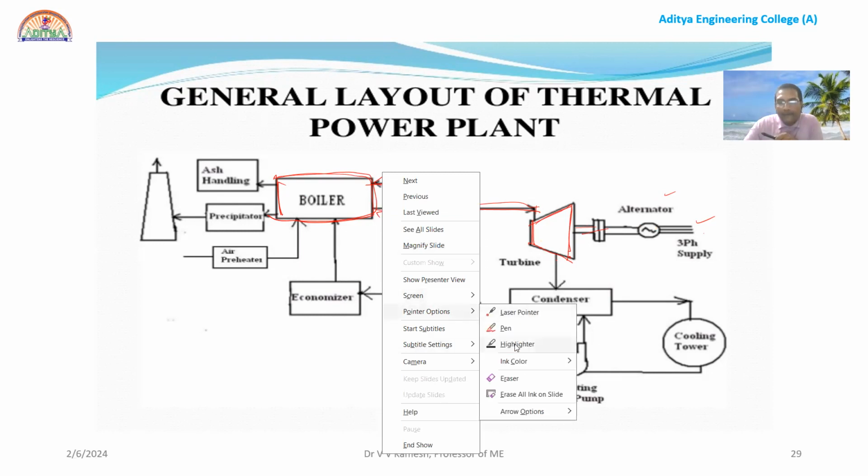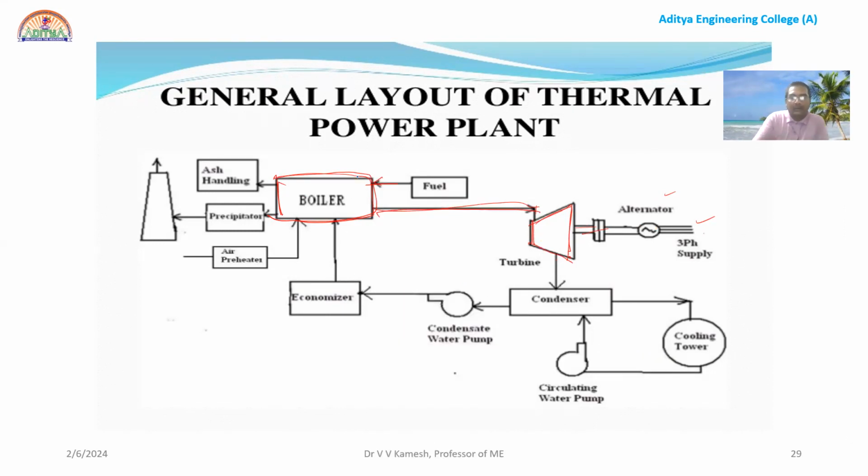Okay, color. So to the boiler, I am having some other subsystems. To work the boiler in a perfect way, to make the turbine more effective, we are having some subsystems, right? So there is ash handling plant, there is a precipitator, there is air preheater, there is an economizer, right?